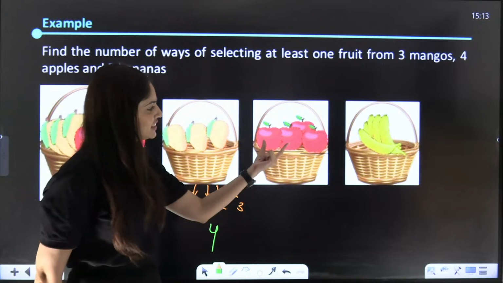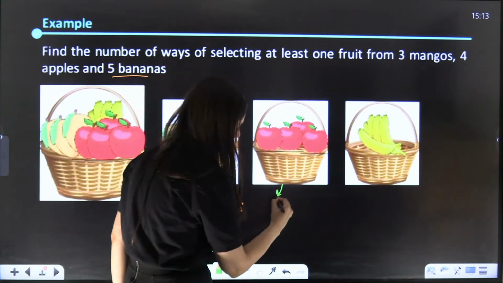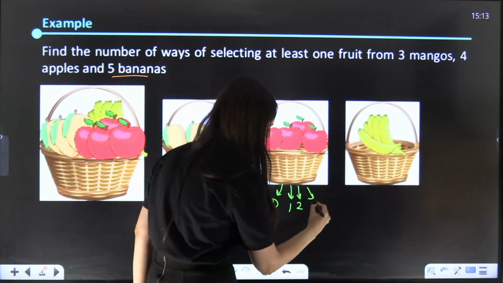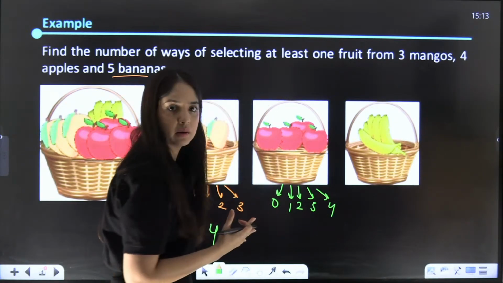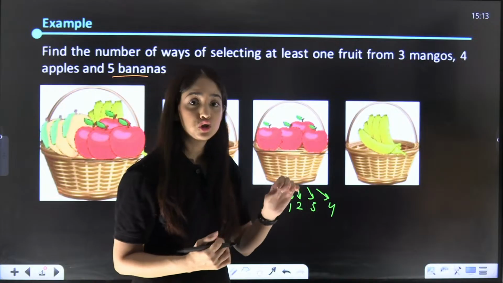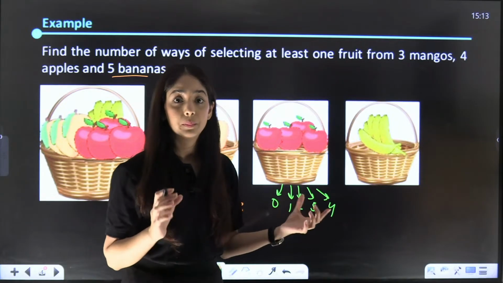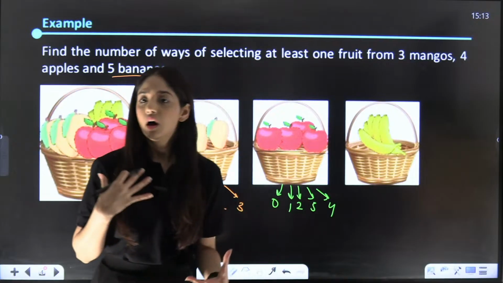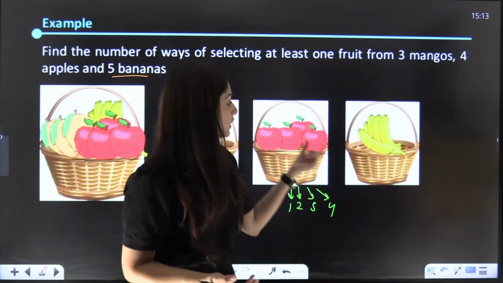Just like that, even here we can take 0, 1. We have 4 apples, so 0, 1, 2, 3, 4. We can take any number of these because they are identical. We don't have to choose. But this is something very important, a very basic thing that students get confused over.